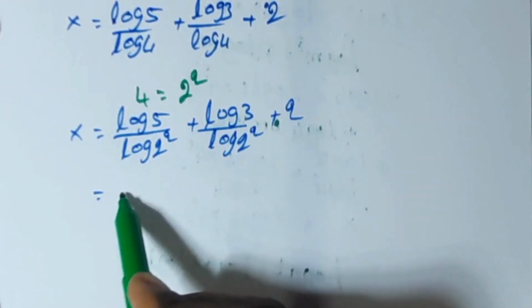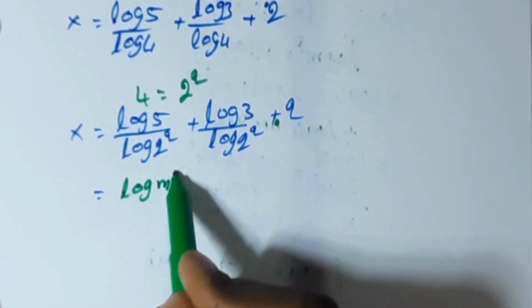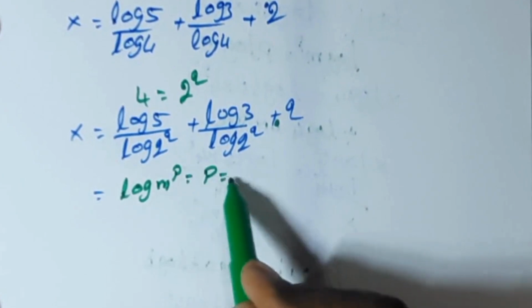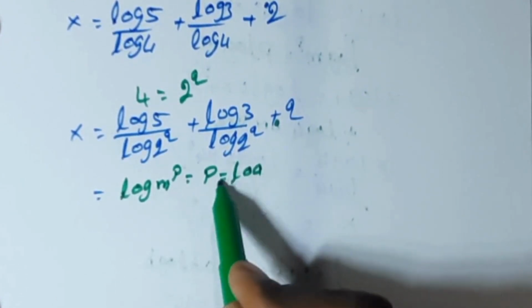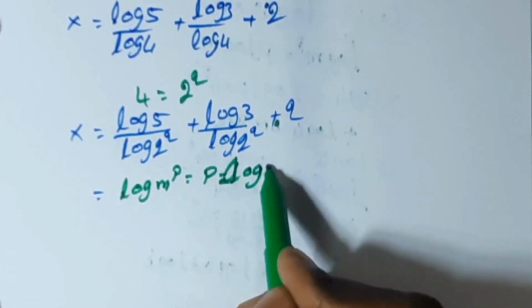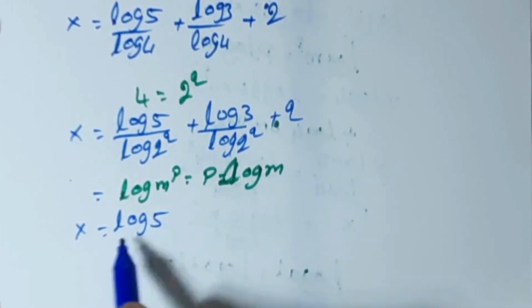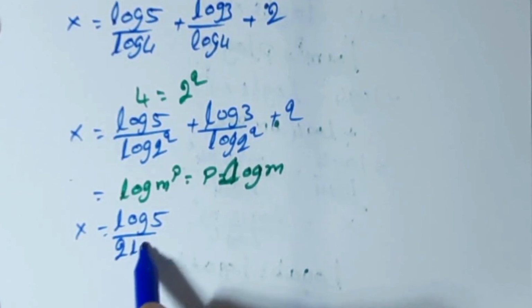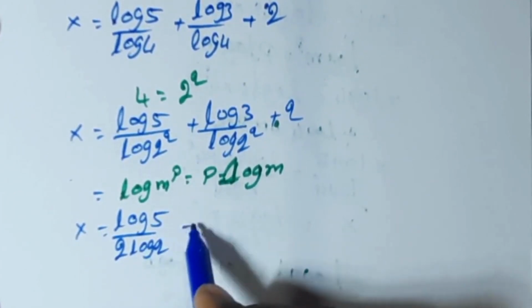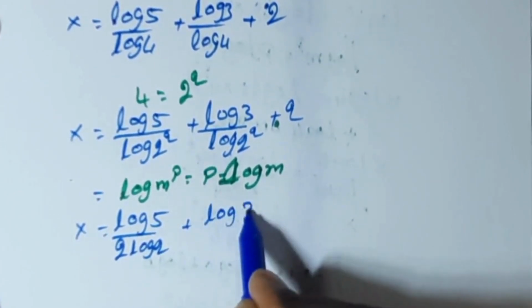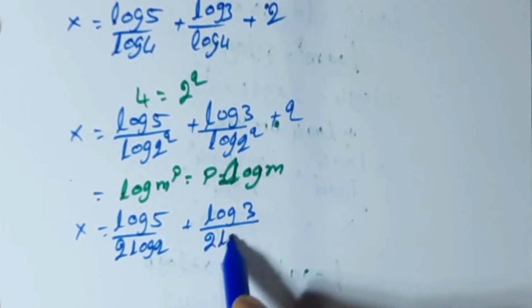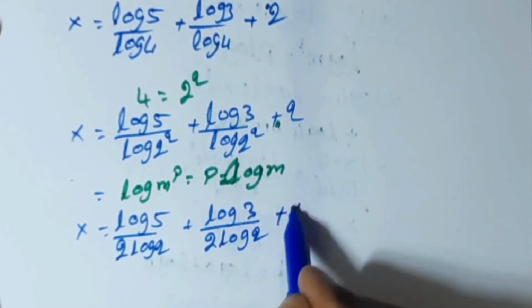Applying log power formula, log m power p equal to p log m. X equal to log 5 by 2 log 2 plus log 3 by 2 log 2 plus 2.